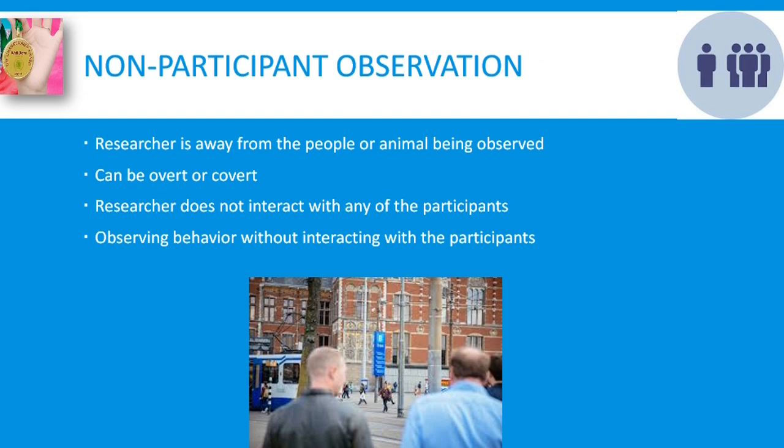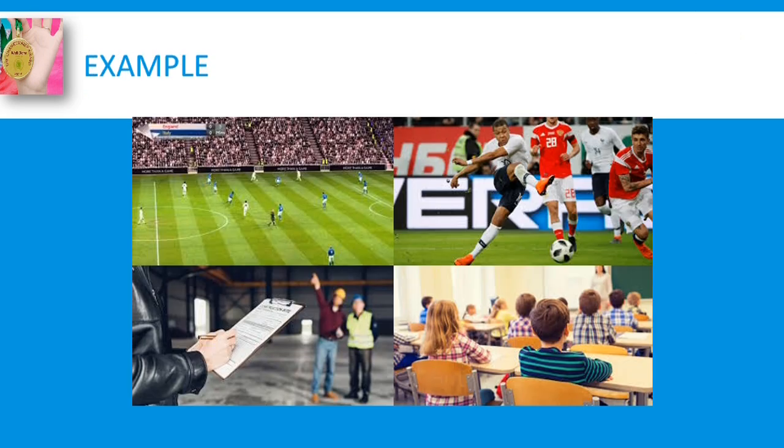Now let's come to non-participant observation. This is when the researcher is away from the people or animals being observed. This can also be an overt or covert process. The researcher does not interact with any of the participants. For example, a player is playing in a football match. They know that the audience is observing them.